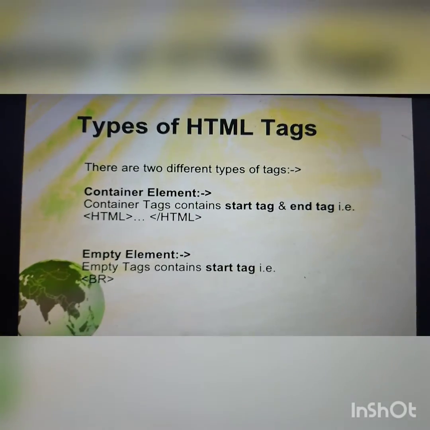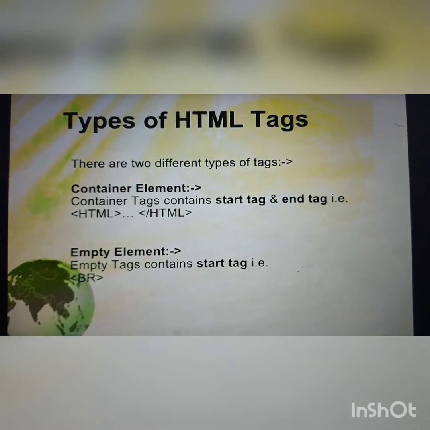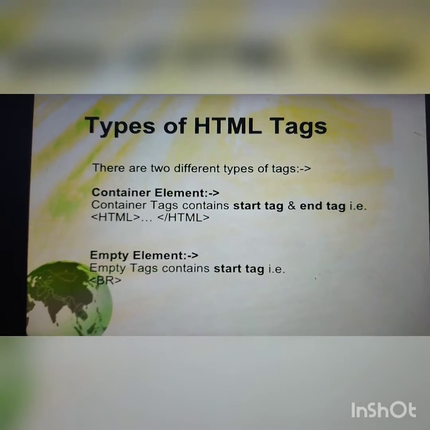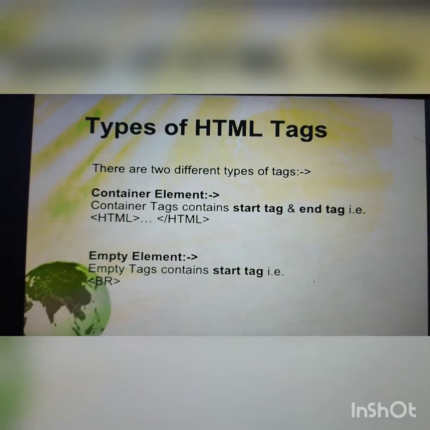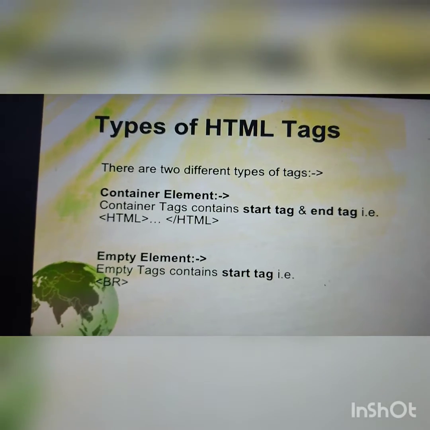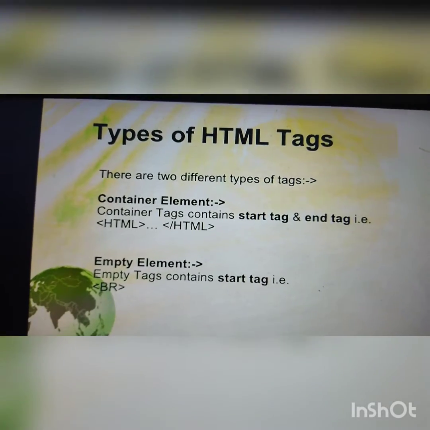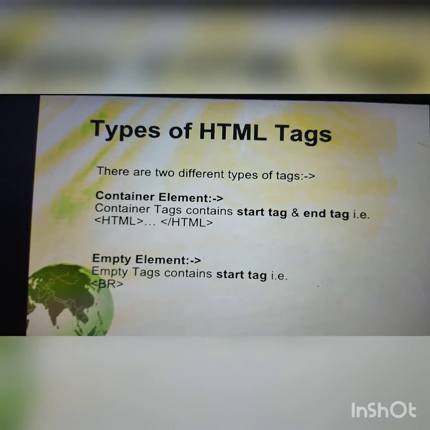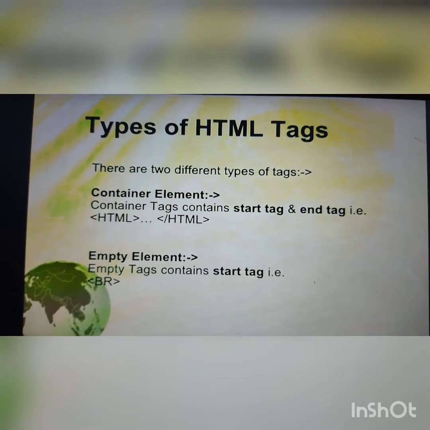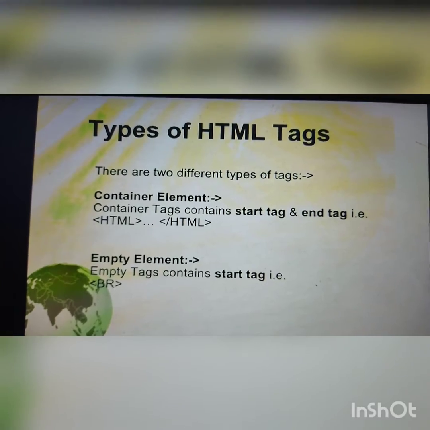On the other side, you can see empty elements. Empty tags contain only a start tag and not a closing tag. The BR tag is an example of an empty element. BR means break line.